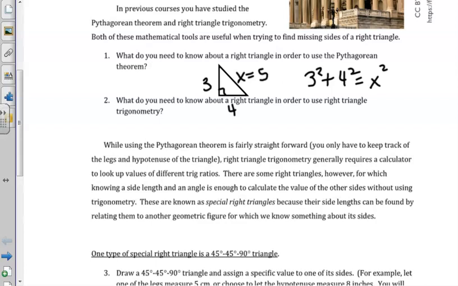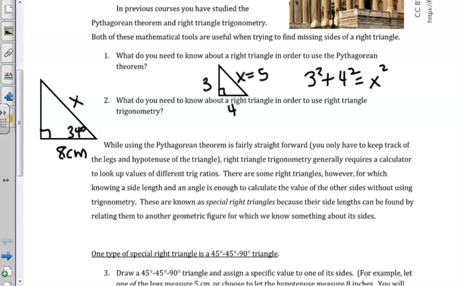Recall that we would need one acute angle measure and one side length in order to use our sine, cosine, and tangent functions. So if we are given a right triangle and we have an angle, we would also need to be given a side length in order to find another side in that right triangle.